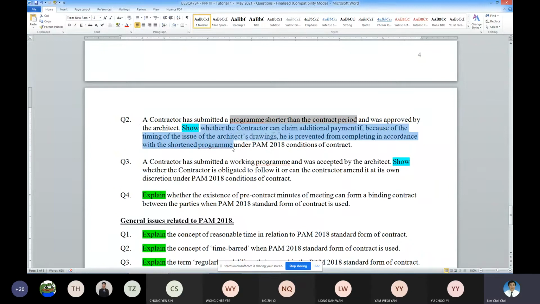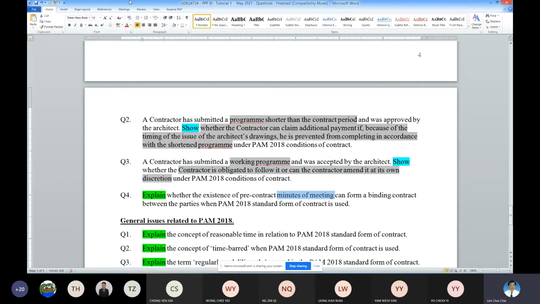This is a very interesting subject. It's on optimistic program. Just now the question one is on so-called using the float. And then the third one is also related to the working program. Now the question is, can the contractor change or not the working program?